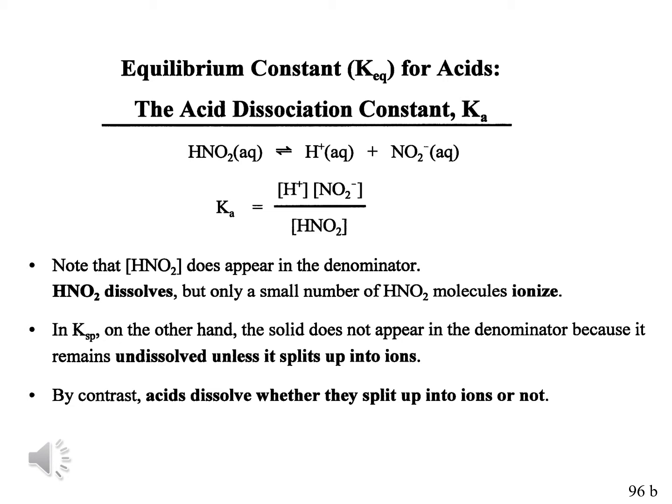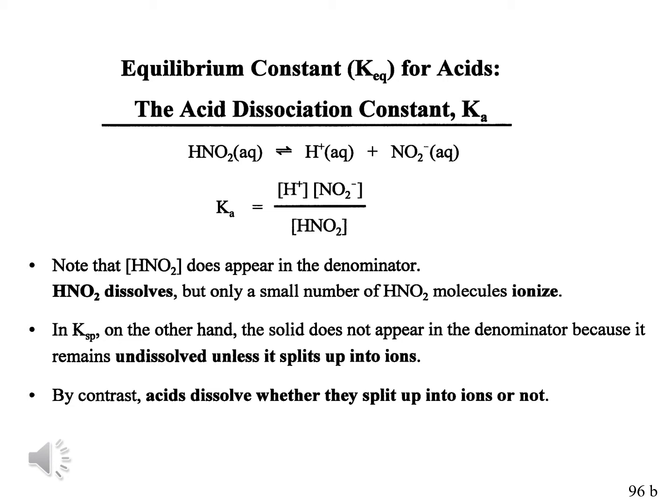Now the thing is that these are different though from KSPs that we did last class, because what's on the left in a KSP is actually a solid, and solids don't go in the expression. But I made the HNO2 aqueous, and the reason for that is that the only way for an ionic solid to dissolve is to make ions.